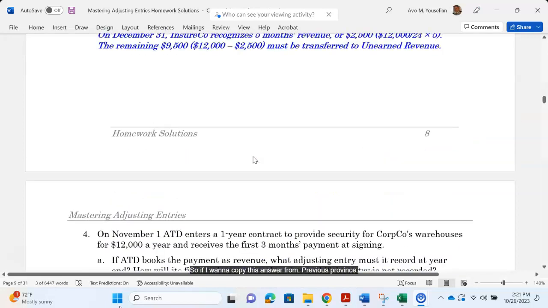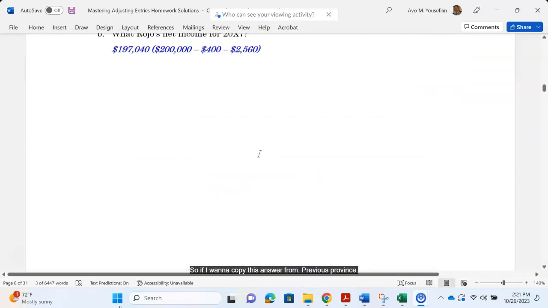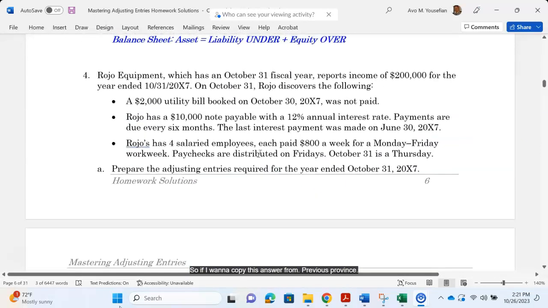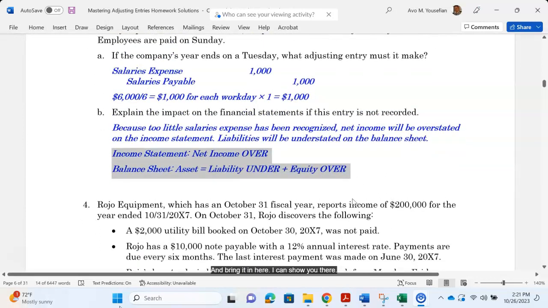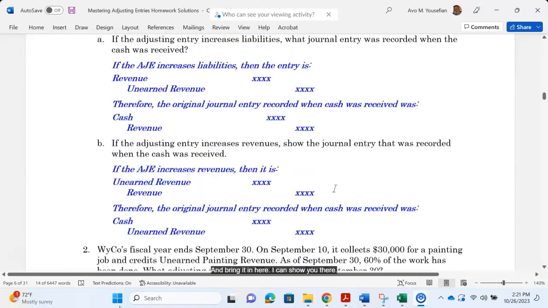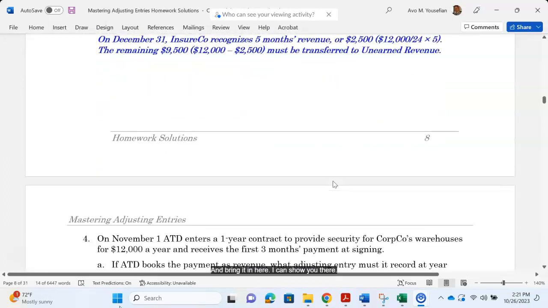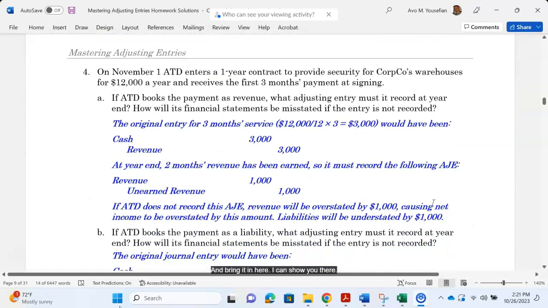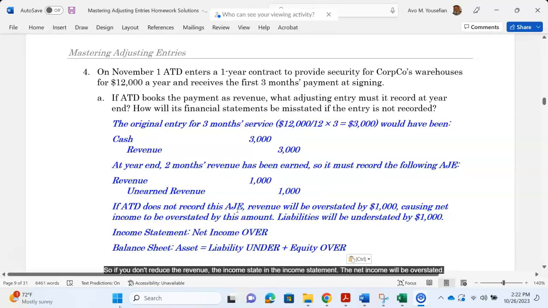So if I want to copy this answer from previous problems and bring it in here, I can show you there. So if you don't reduce the revenue, the income statement, the net income will be overstated.